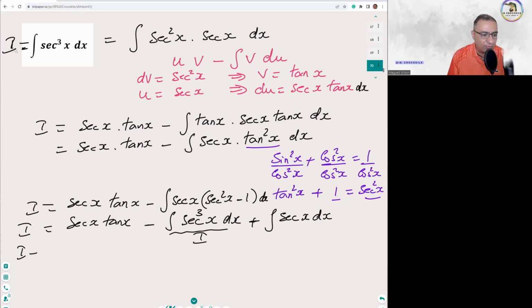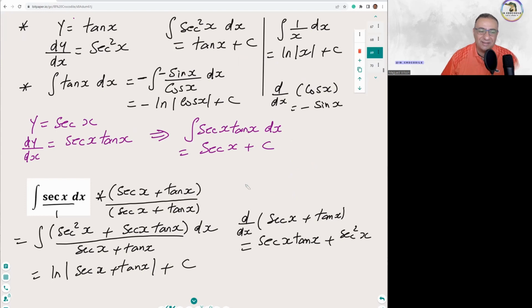So you would have I plus I is going to be sec x tan x plus the integration of sec x dx, which we just did in the previous slide. Integration of sec x is ln of sec plus tan. Of course, you need to show it.